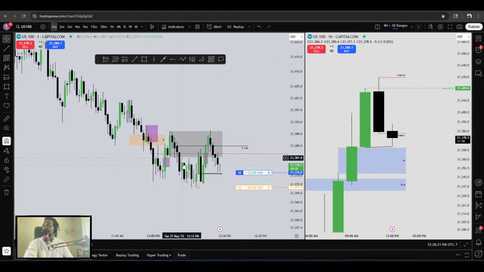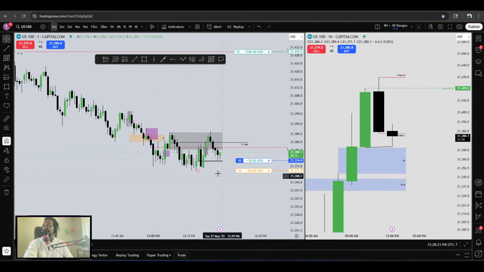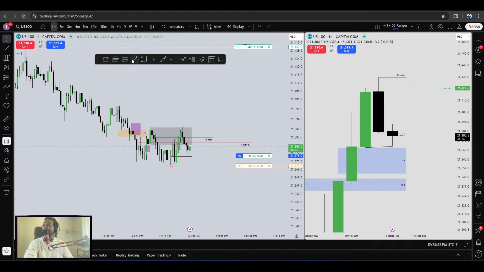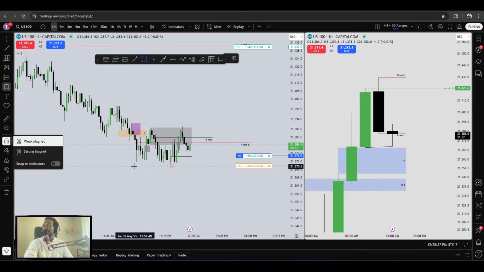So we are consolidating here, going sideways. Don't you think it would make sense if they would just come and take that low and then shoot up? That would be nice. Seeing that we're doing all this here, we don't like this. Maybe I should sit on this one.